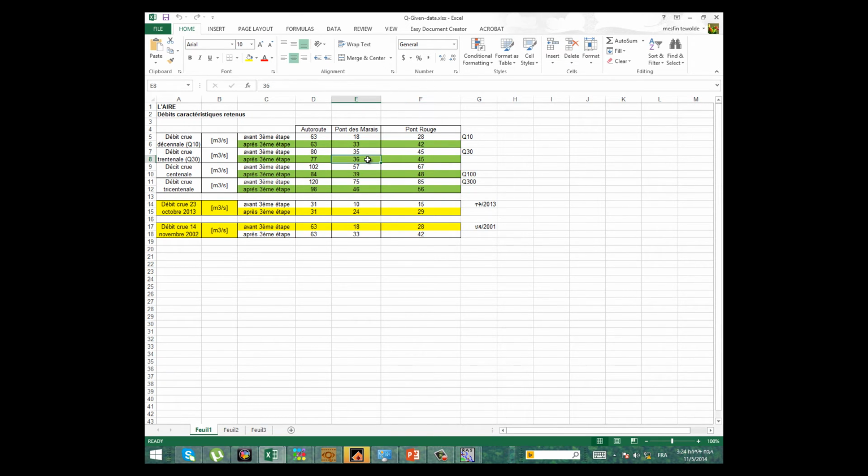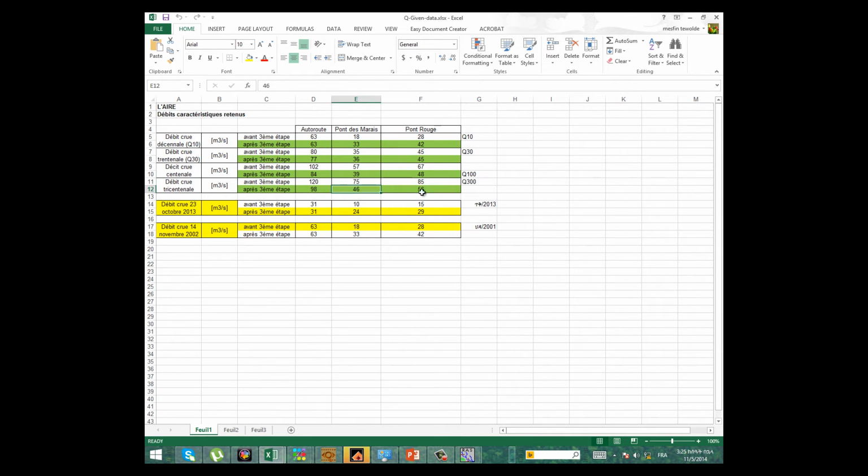Then, après troisième étape, it becomes 36. 45, then Q30, and Q100 again at Pont Rouge 48.